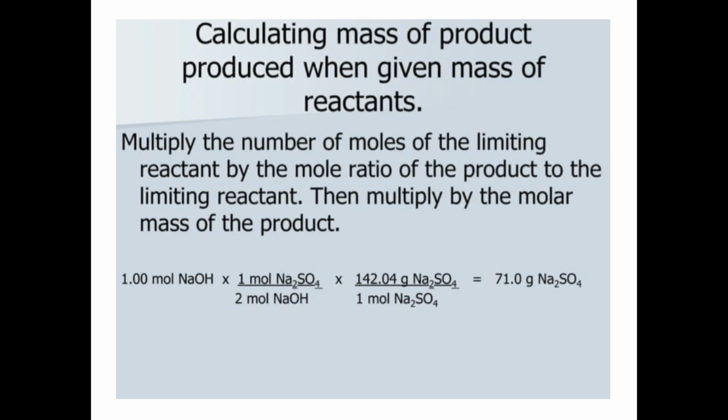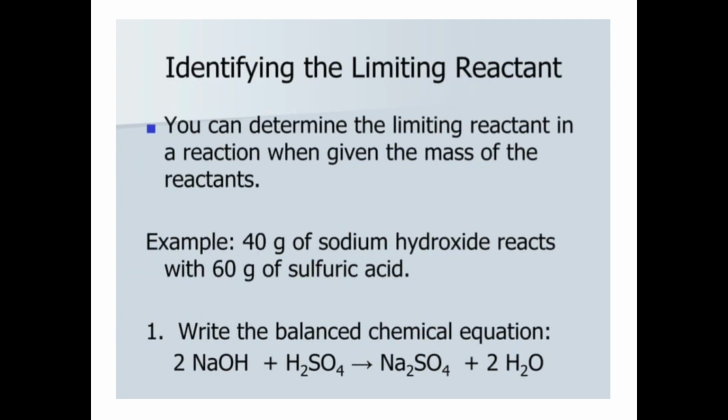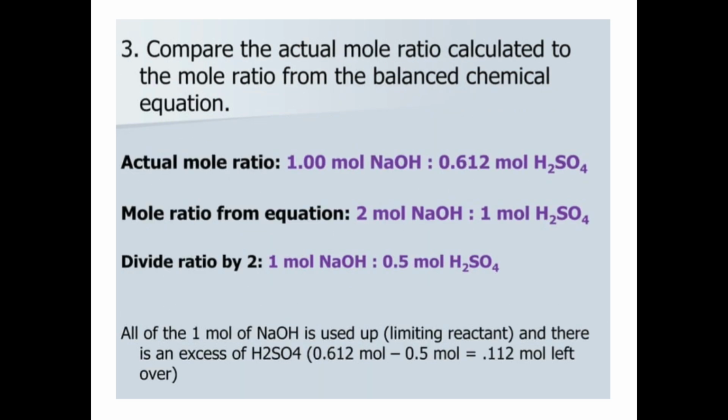Now, when you are given the mass of reactant and want to calculate the mass of product, how do we do that? If you go back to that equation, 2 moles of NaOH produces 1 mole of Na2SO4.